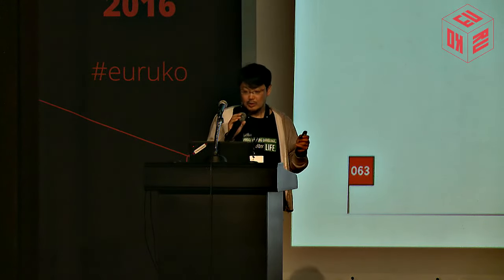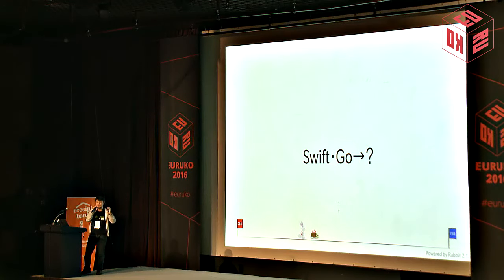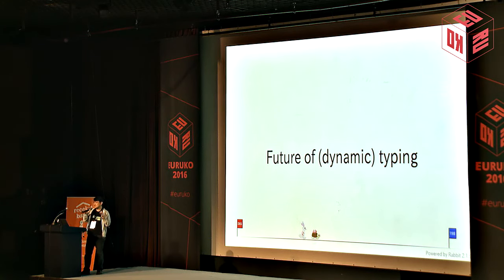So what about the future? Maybe we might move from statically typed languages toward dynamically typed languages. So as a front runner, we have to think about the future of dynamic typing.